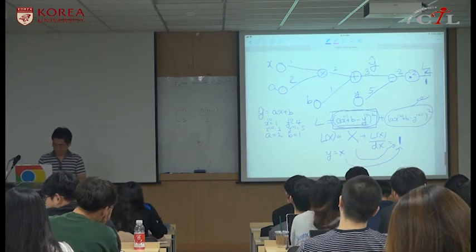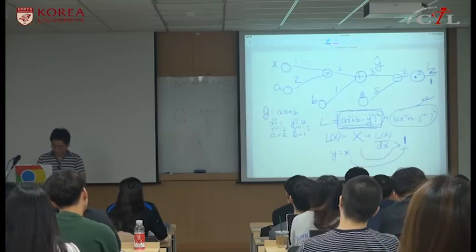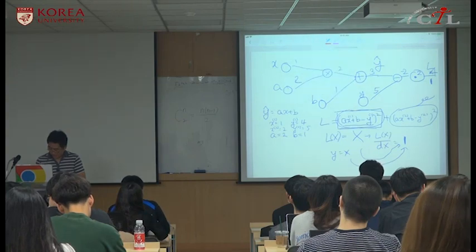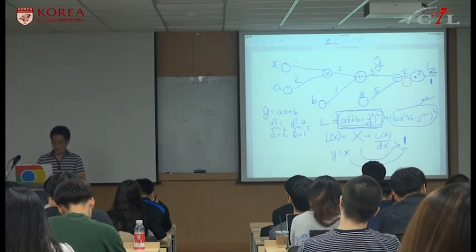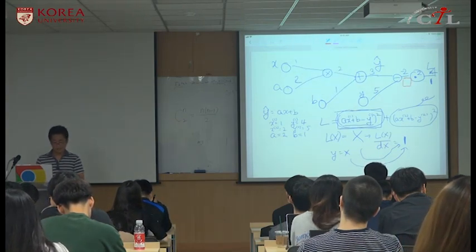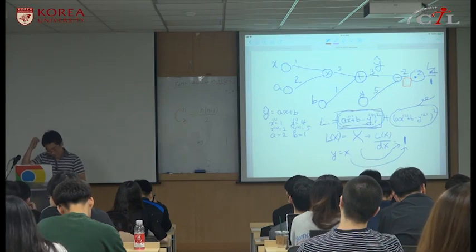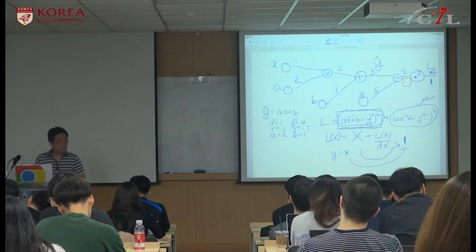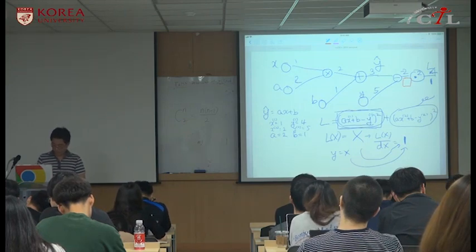So far so good. Now we have to compute the gradient at this point. So how does chain rule work?